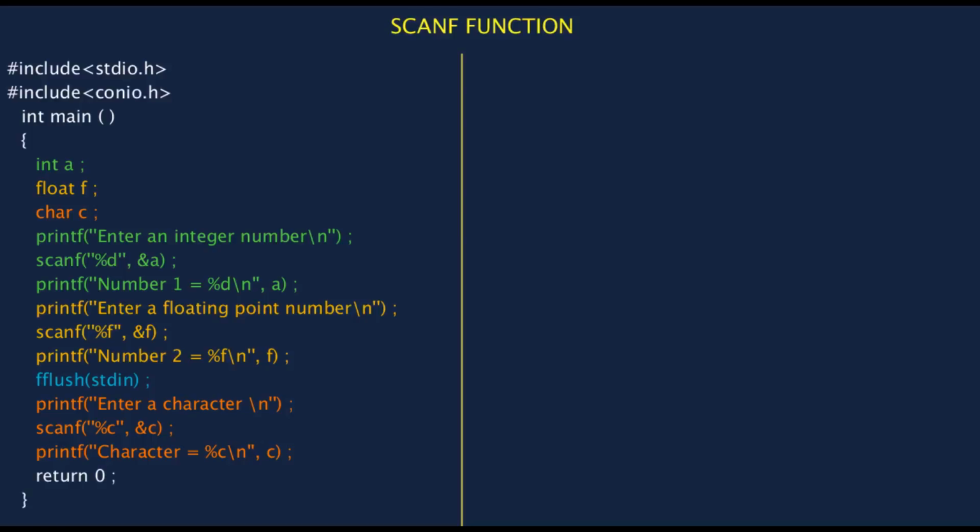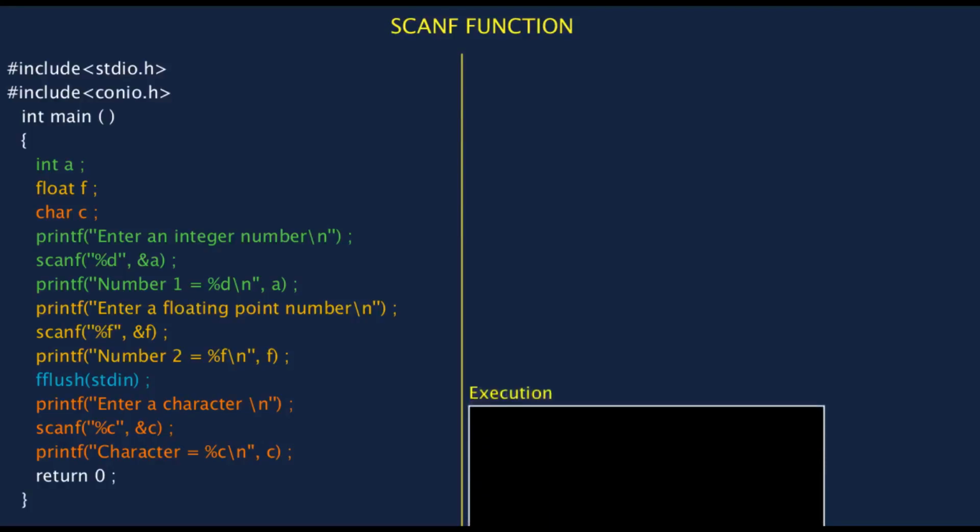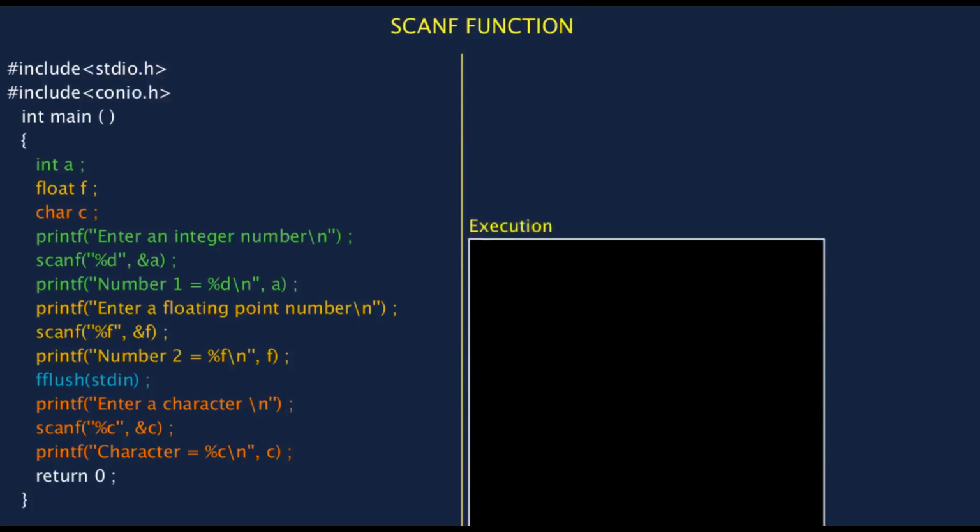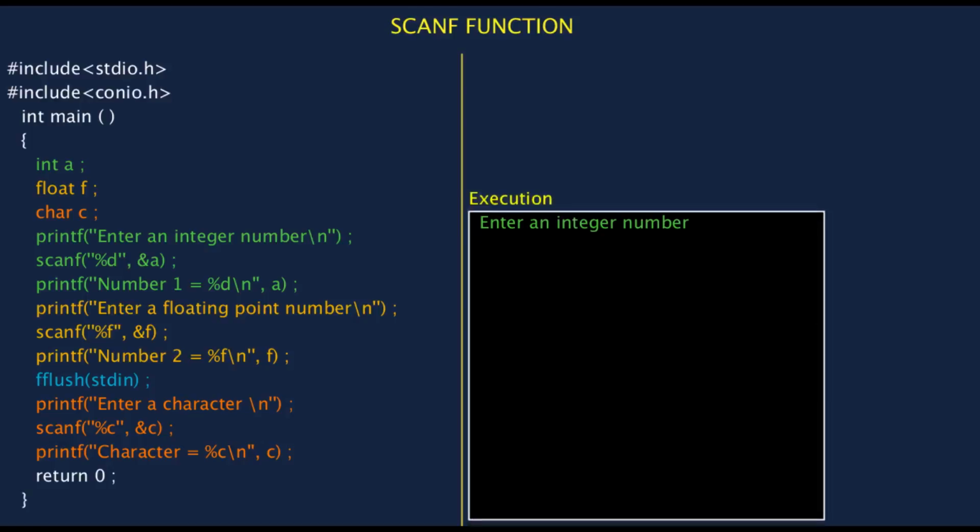And now let's see, when we compile and run this program, what are the results we get. Now let's see the execution. First this will print the message enter an integer number. Then we have to enter an integer number. Let's say we enter 100.